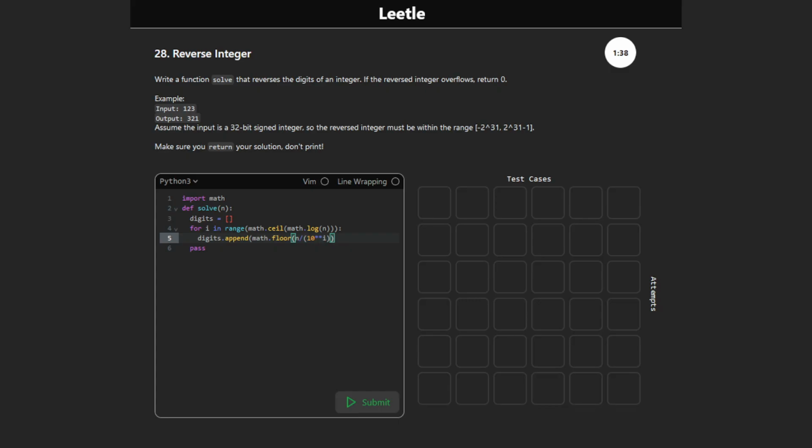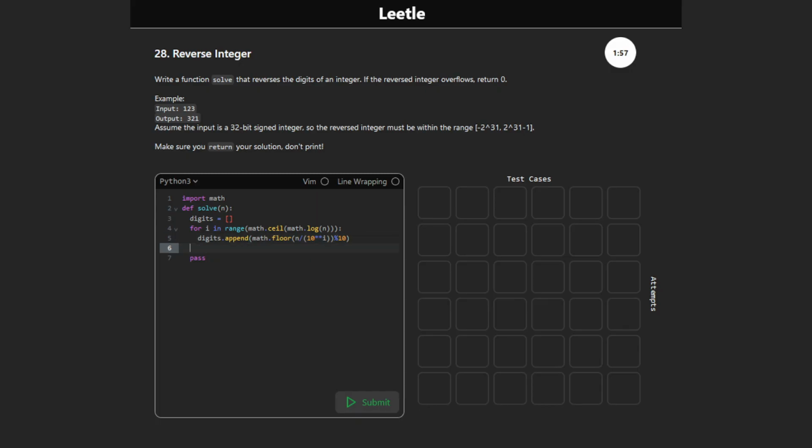And then we're going to modulo that by 10 to the power of i plus, or no, the modulus 10. Should be mod 10.